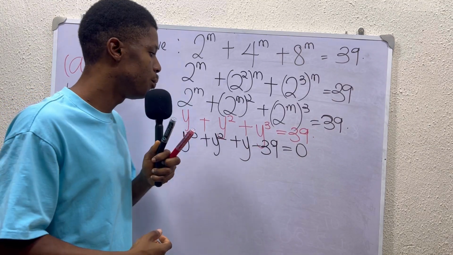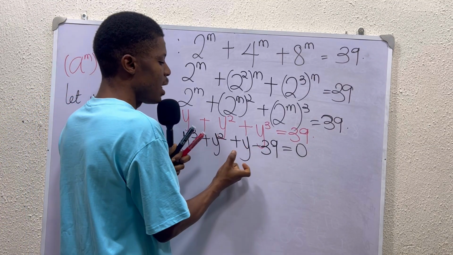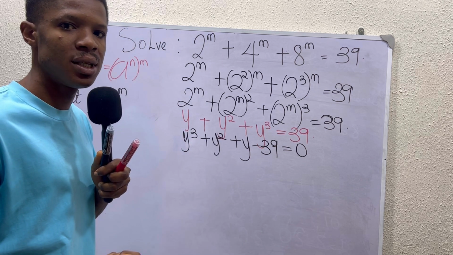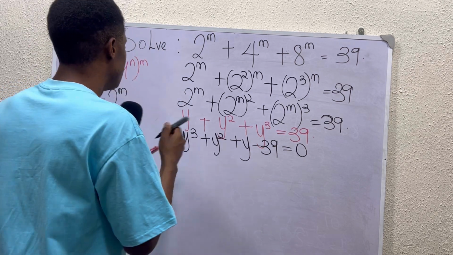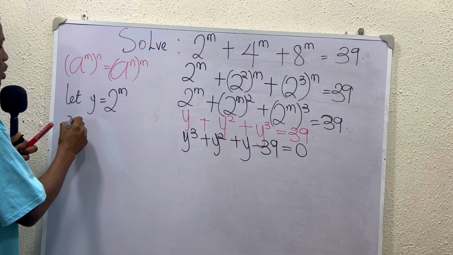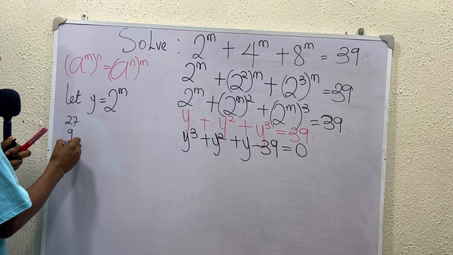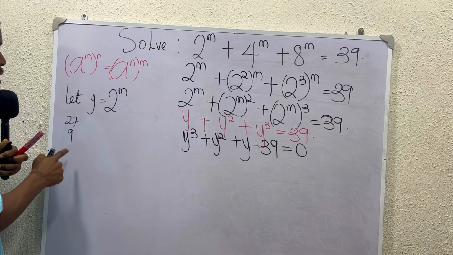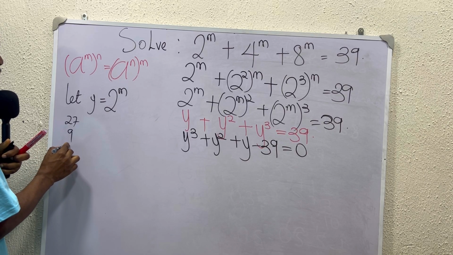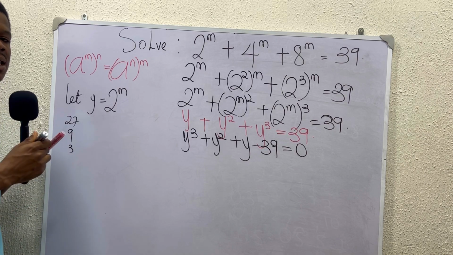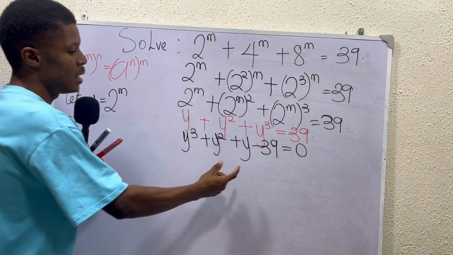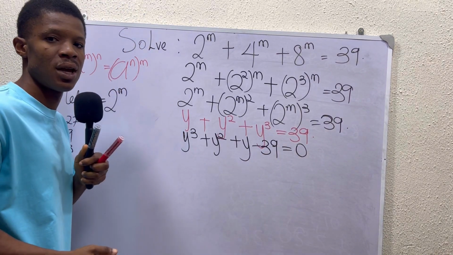So what do we do? We find a way to simplify this whole term to suit a cubic term. So we simply know that 27 is a cubic term of 3, 9 is a square term of 3, then 3 is a linear term of 3. And we can actually achieve it from 39.